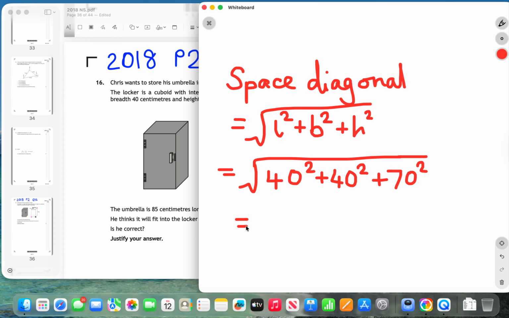And what you get is, you can use a calculator in this question, so you get the square root of 8,100, and the answer is then 90.